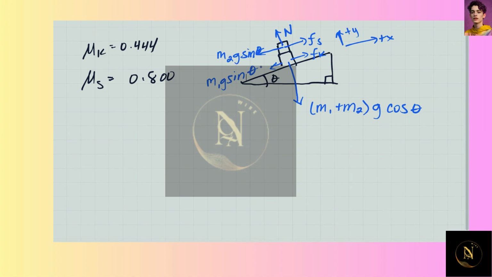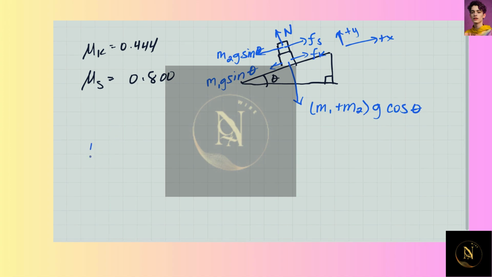Okay, so for part A, and then part B asks us the magnitude and direction of the friction force on the upper box. So we can actually start with looking at the angle.